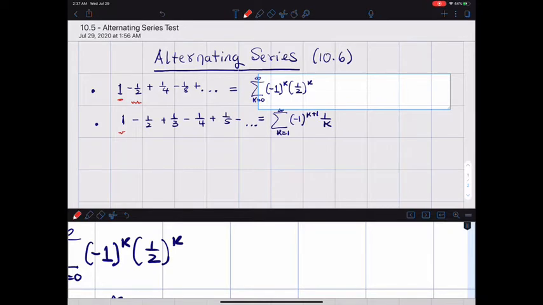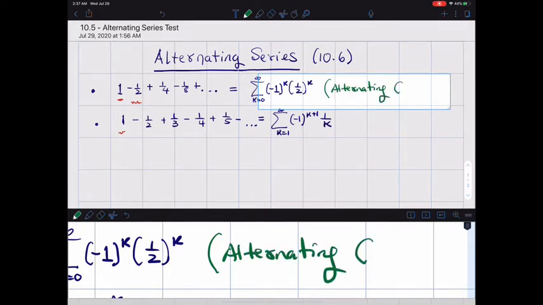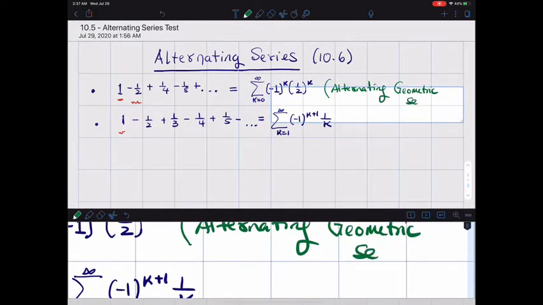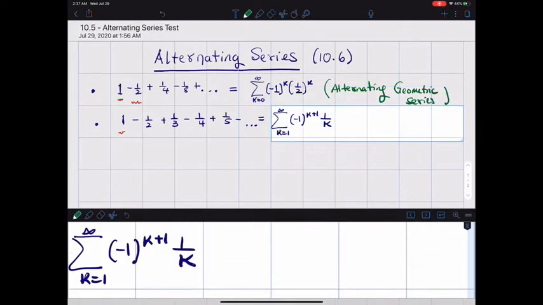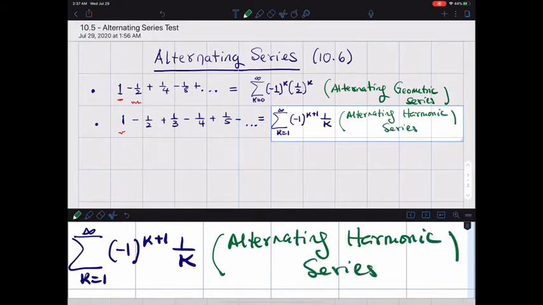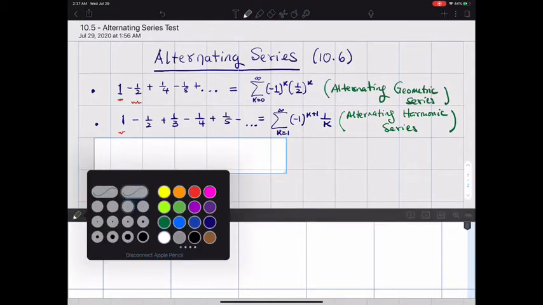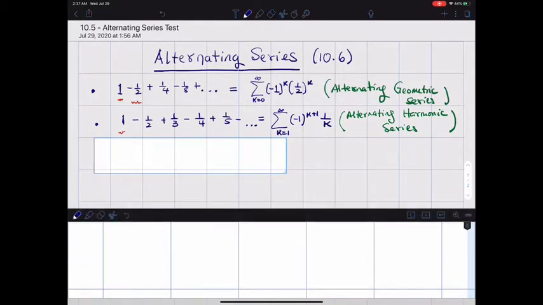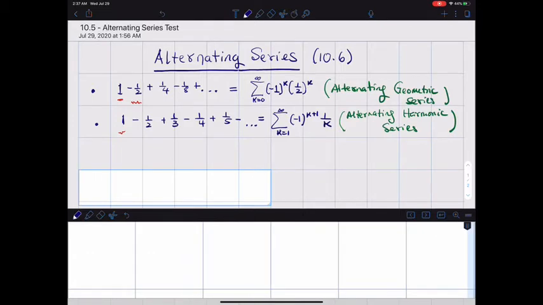So in this case, this would be an alternating geometric series. And this would naturally be an alternating harmonic series.